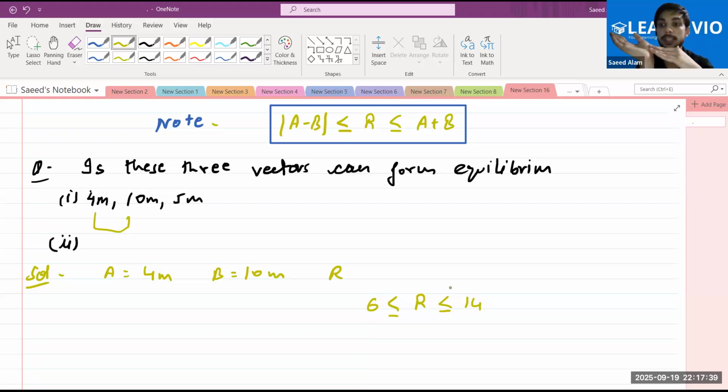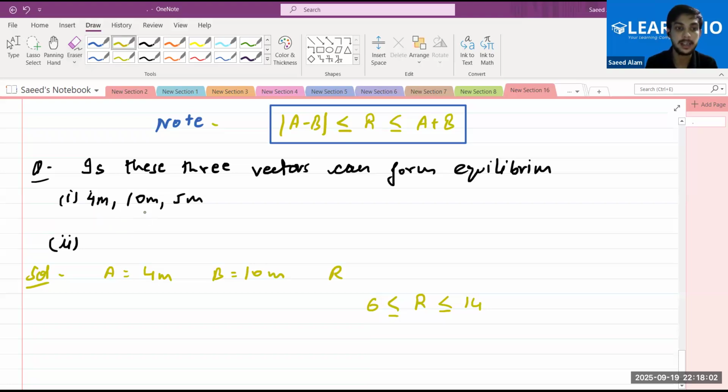And if they are aligned along the same direction, I can simply add them up and get the result to be 14. Is this okay? So whatever way I keep A and B, I'll get the resultant in between 6 and 14. I cannot get the 5. Yes or no? Yes.